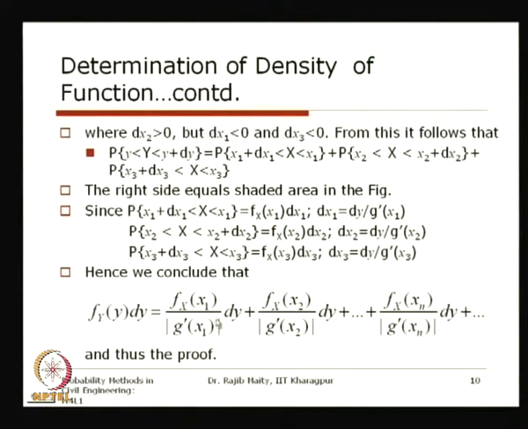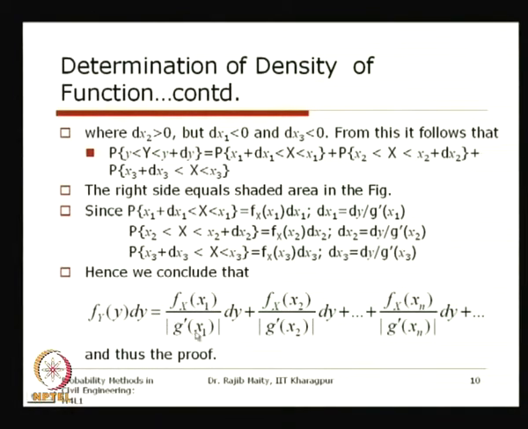That's why the mod is taken. For the positive side, no effect. For the negative side, we will just get the absolute value of that rate of change. Now this is for x1, which is the first root, and similarly this comes from the second subset, at x2. Similarly, if there are as many roots, like this.